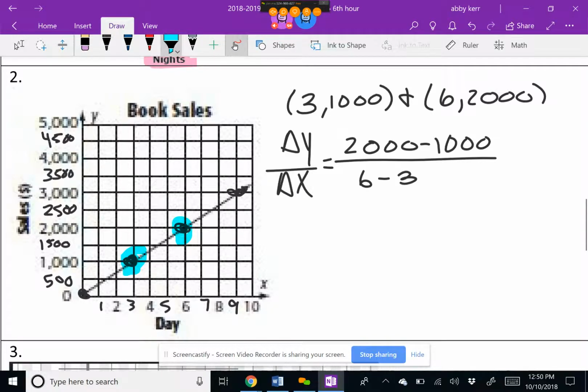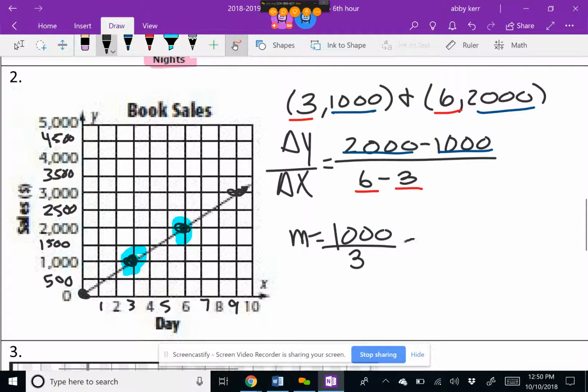So remember, this is my y2 minus my y1. That's why it's right here. And this is my x2 minus my x1. That's why those 2 numbers are there. So 2,000 minus 1,000 is 1,000. 6 minus 3 is 3. That doesn't simplify anymore.